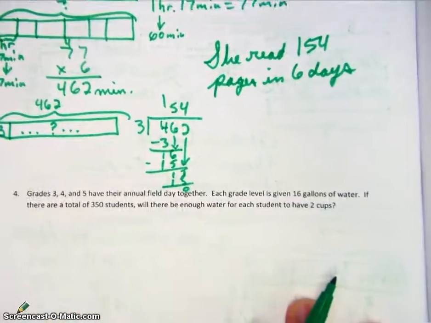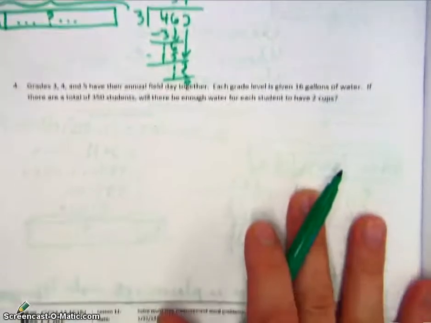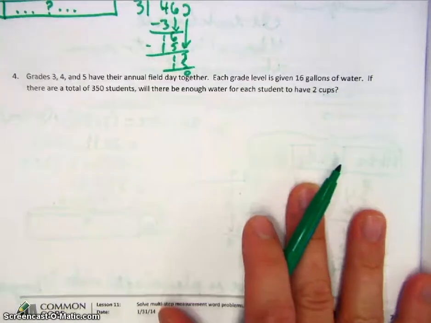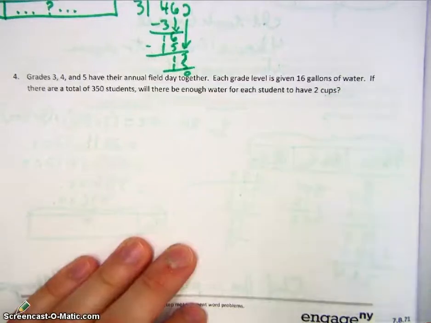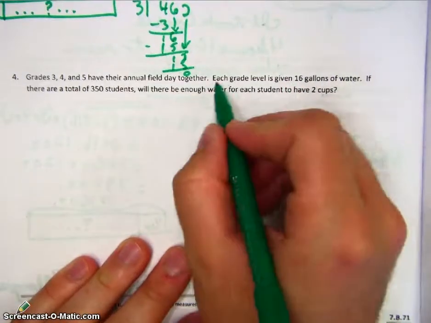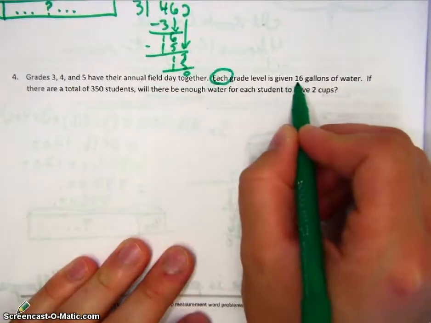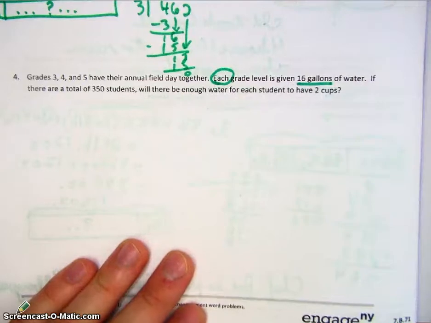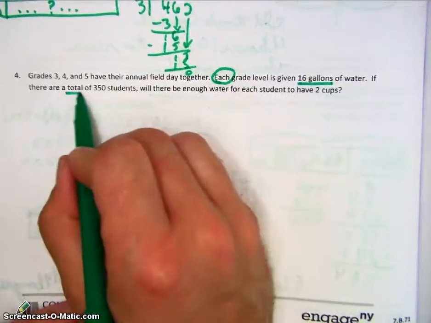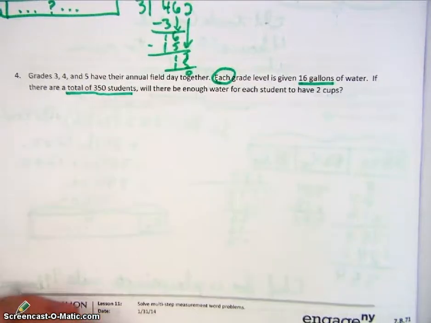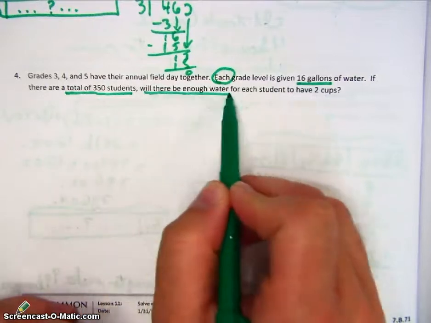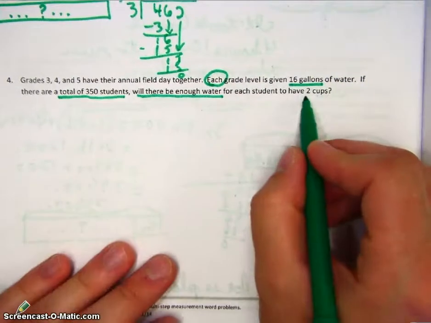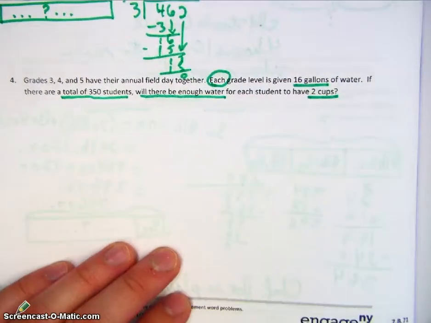Okay, moving on to our last one here, number 4. We have grades 3, 4, and 5 have their annual field day together. Each grade level, there's that word each, is given 16 gallons of water. If there's a total of 350 students, will there be enough water for each student to have 2 cups?